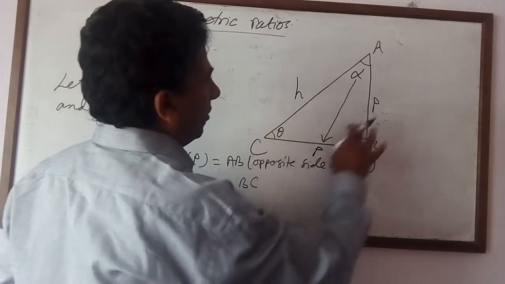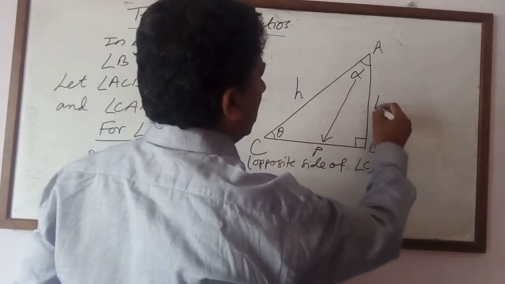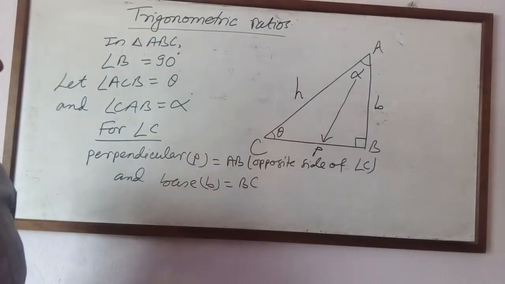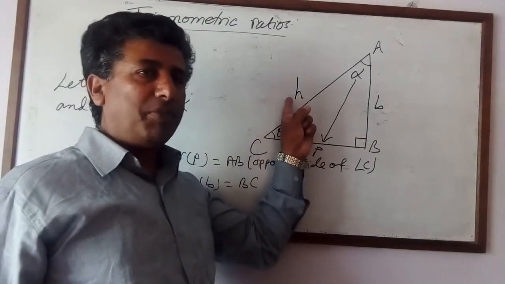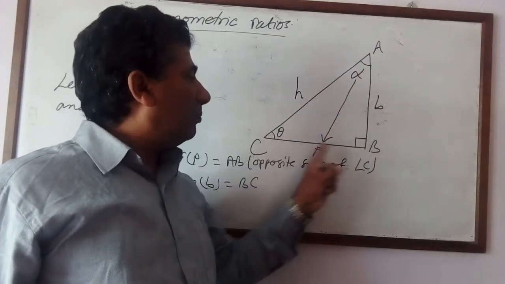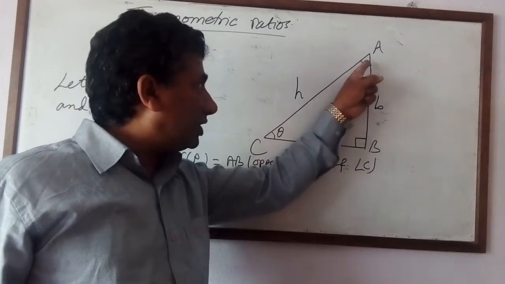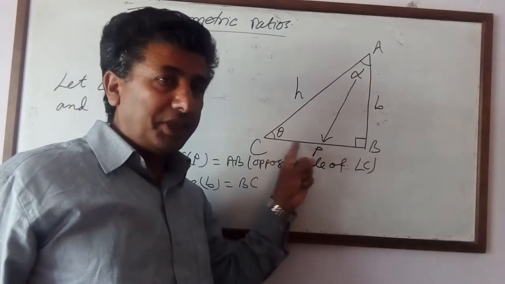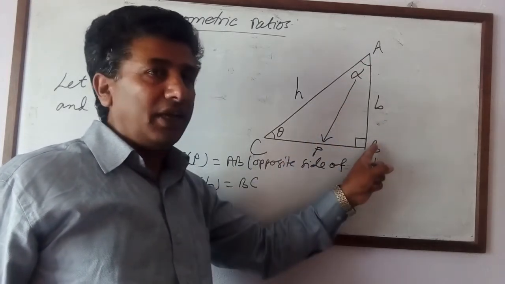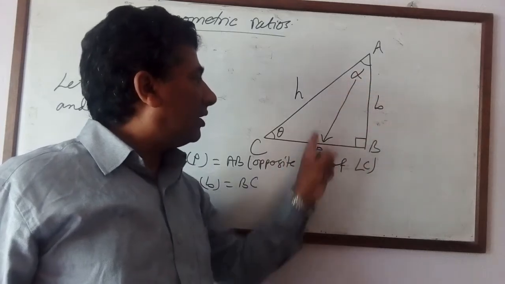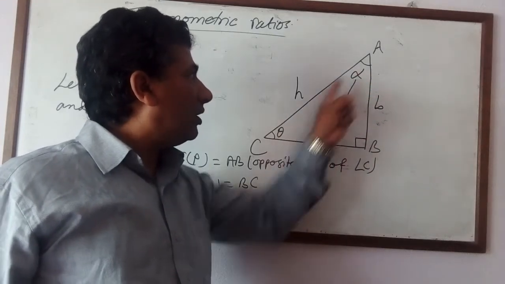This one will be perpendicular and AB will be base. See, just the opposite, but there is no change in the hypotenuse. For angle A, BC will be perpendicular, the opposite side of angle A, and AB will be base.